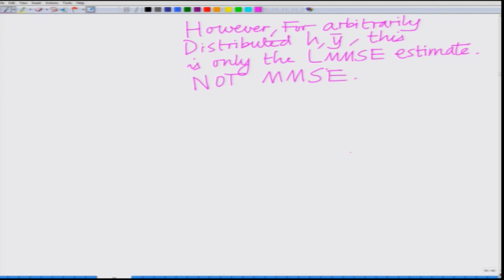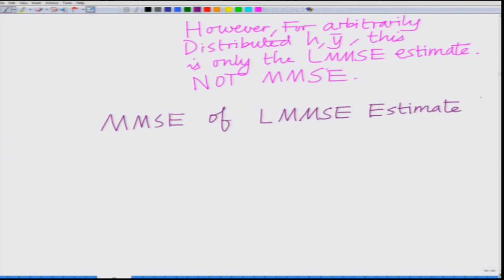Now, let us also compute the resulting MMSE of the LMMSE estimator. And this can be derived as follows.